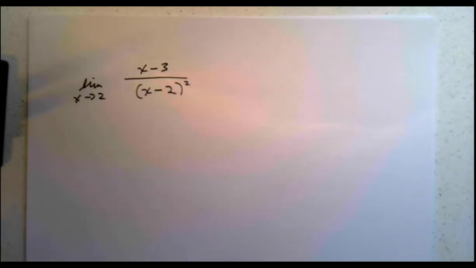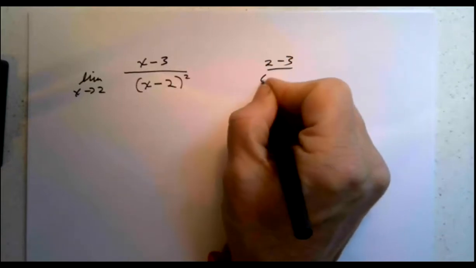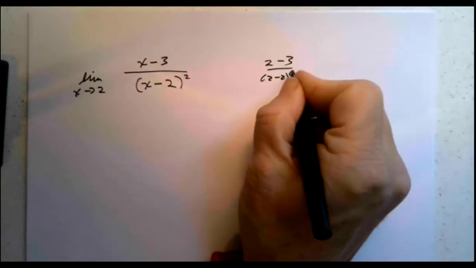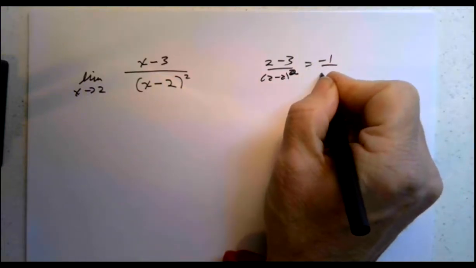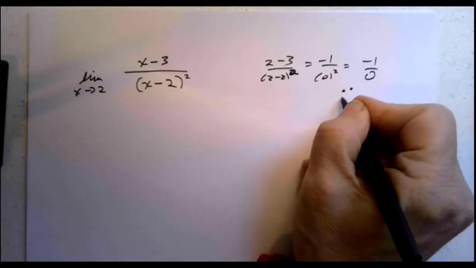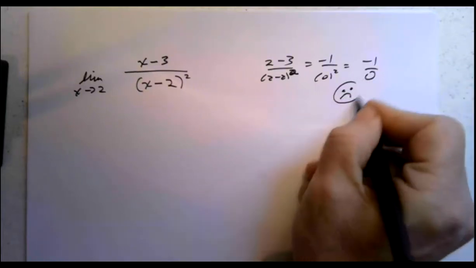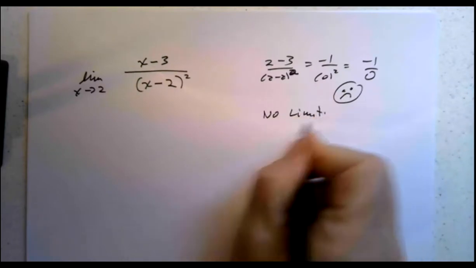So we're going to try to plug it in and see what happens, right? Plug in the 2 minus 3 over 2 minus 2 squared, negative 1 over 0 squared, negative 1 over 0. So I'm not happy with that. No limit. The limit does not exist.